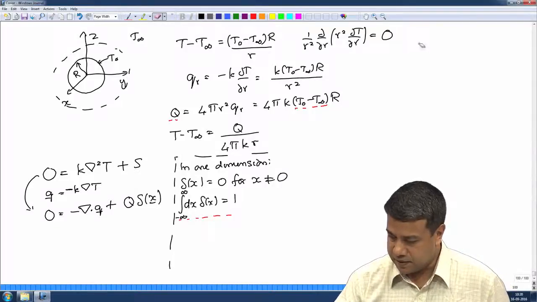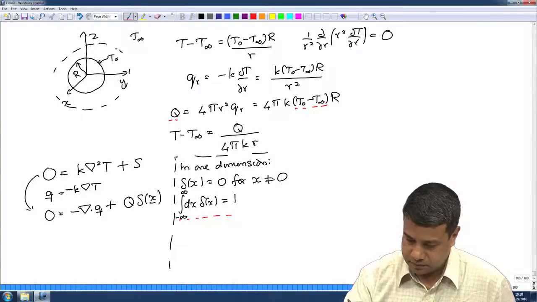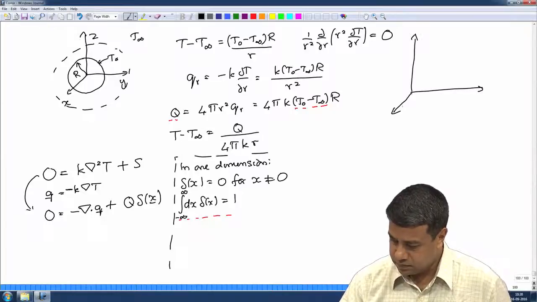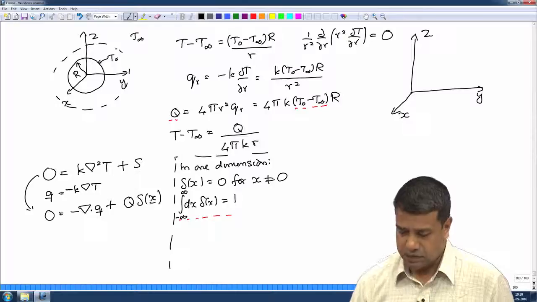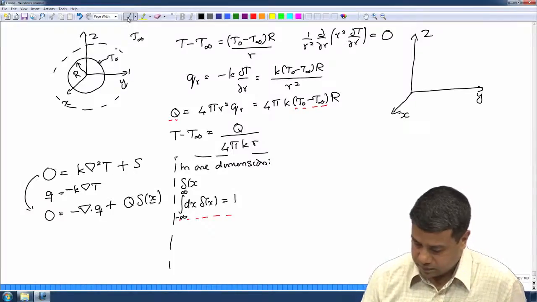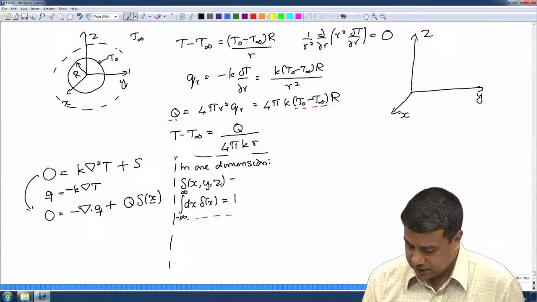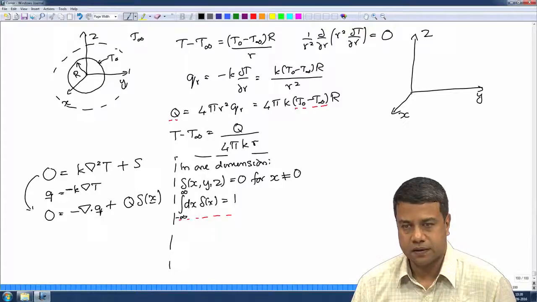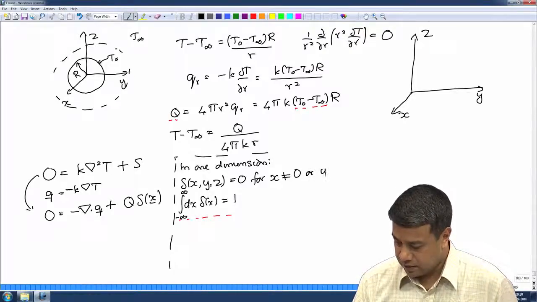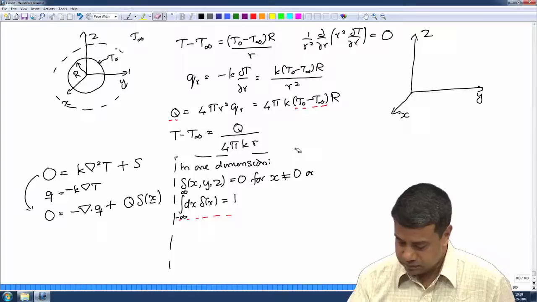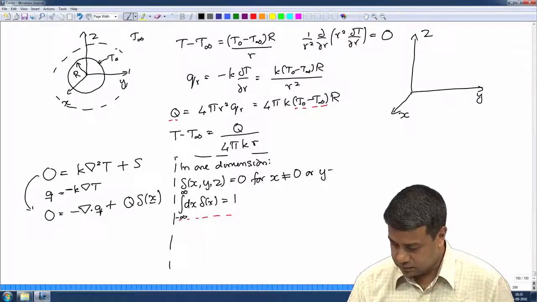If you have a 3-dimensional space, this can be written as delta of x, y, z is equal to 0 for x not equal to 0, or y not equal to 0, or z not equal to 0.